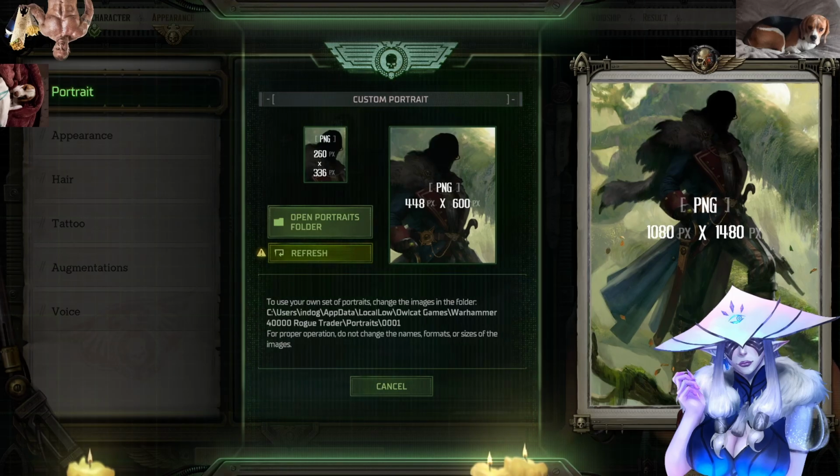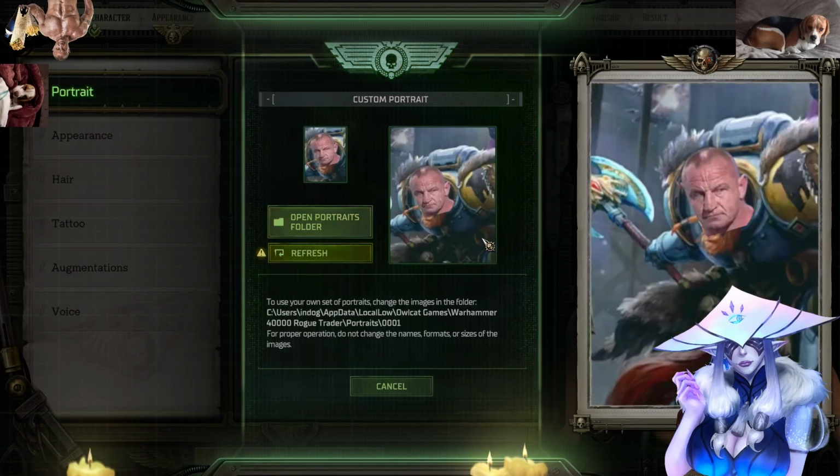Okay, and then I need small Puj. There's small Puj. And then we insert small. Oh wait, and yes, name it small too. Rename to small. And now in game, open portraits folder. No, we already did it. No, I pressed it again. Refresh. Perfect.